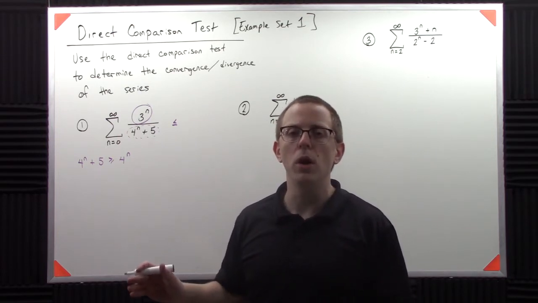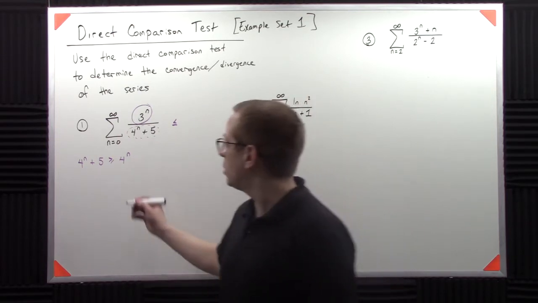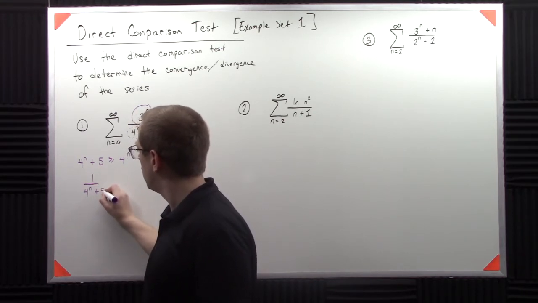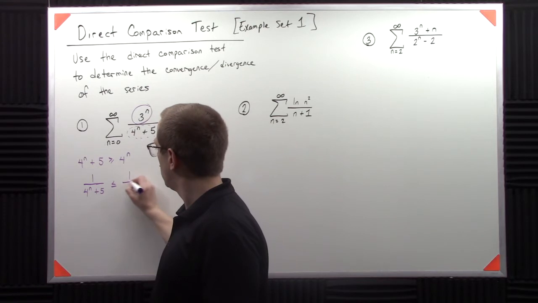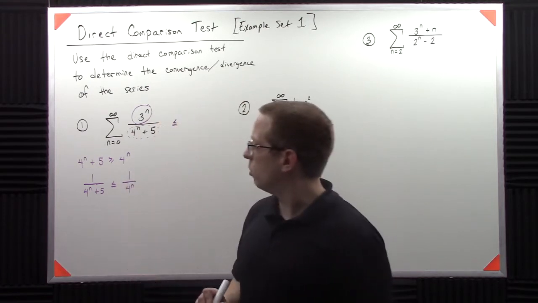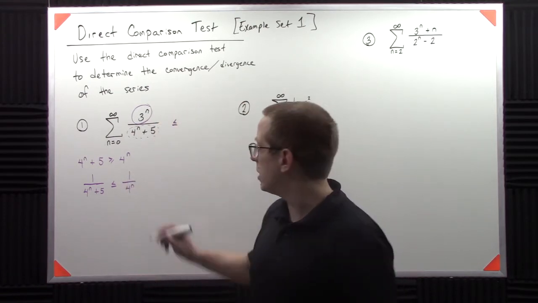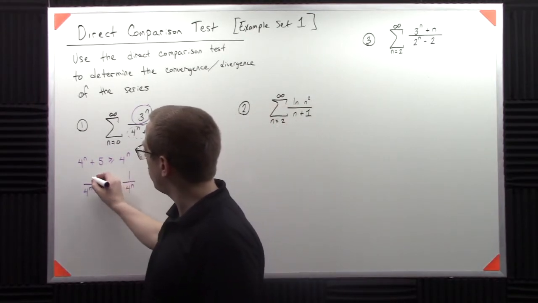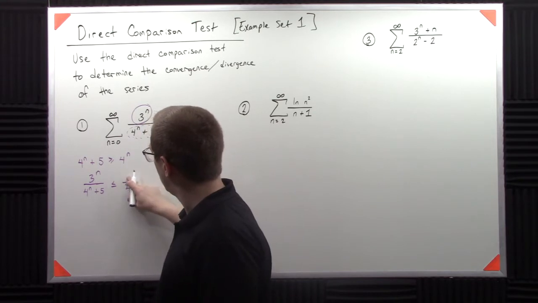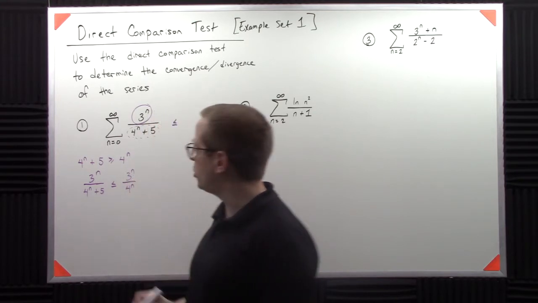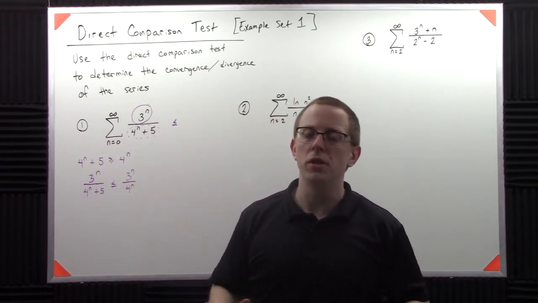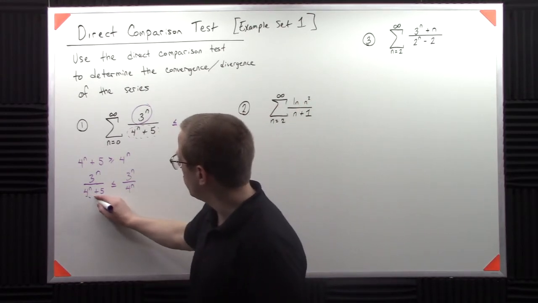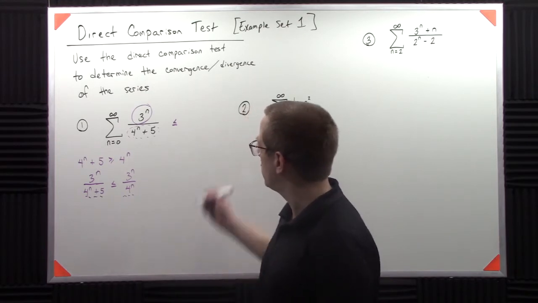I know that's true. So what I also know is if I take the reciprocal of both sides, that's true. 1 over 4 to the n plus 5 is less than or equal to 1 over 4 to the n. So then further I know that that's true by multiplying by 3 to the n. Simple enough. So now I know that this sequence is less than or equal to that sequence.